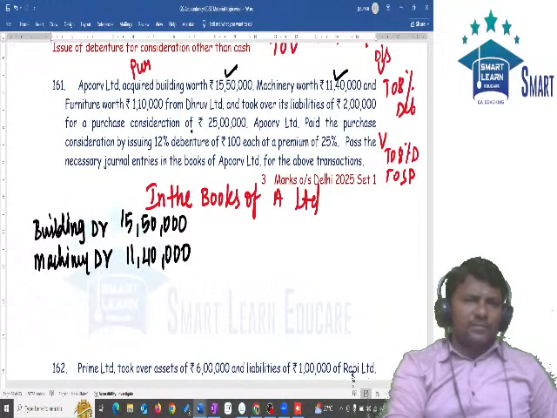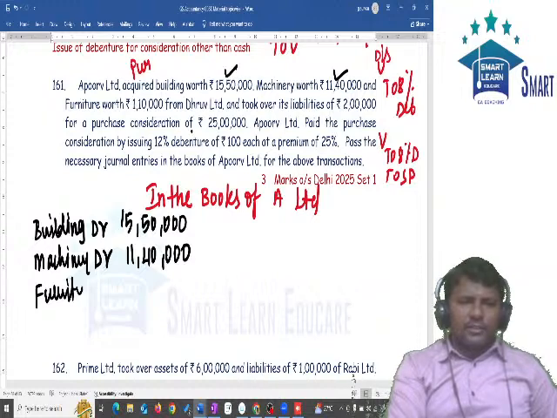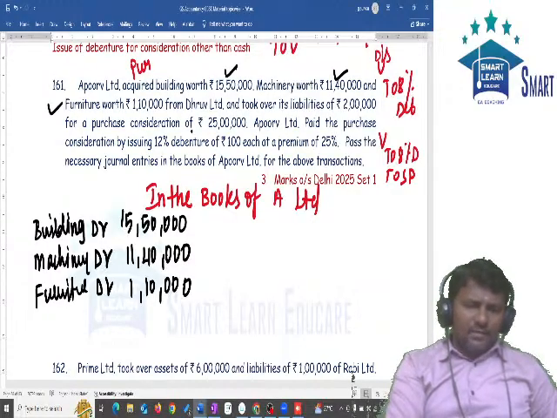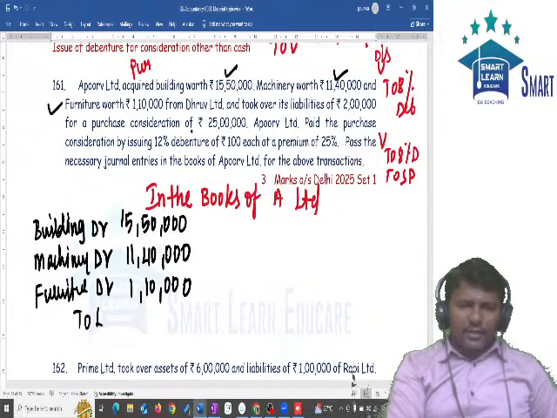And furniture is purchased, debit 1 lakh 10,000. Took over liability. Liability will have a credit balance. How much is the liability? 2 lakh.